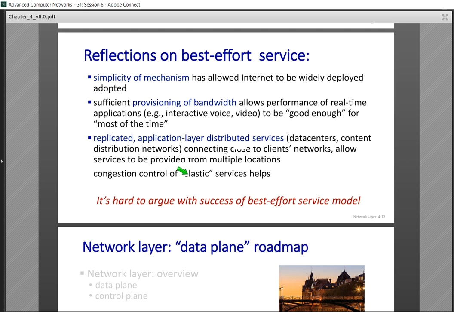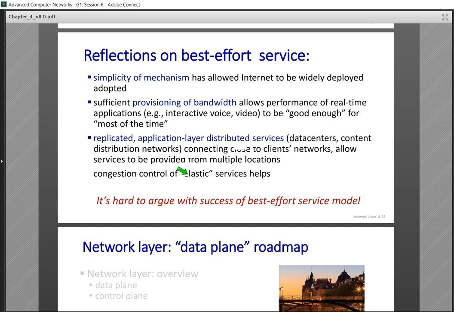Elastic means that those applications can tolerate some delays, some packet losses. We can tolerate some bad news, something like this. Okay. But still, we care about this.